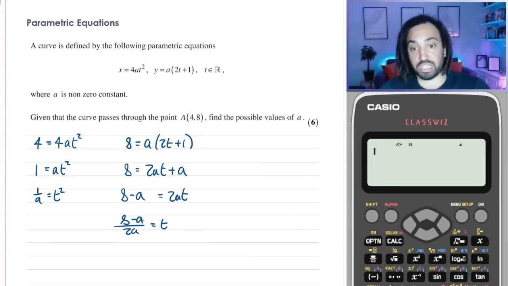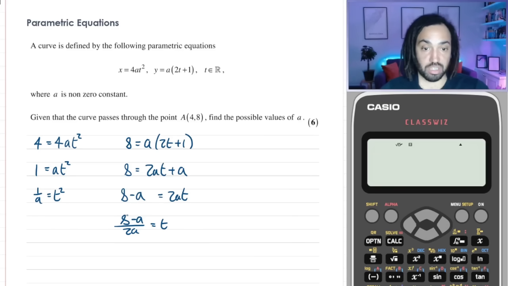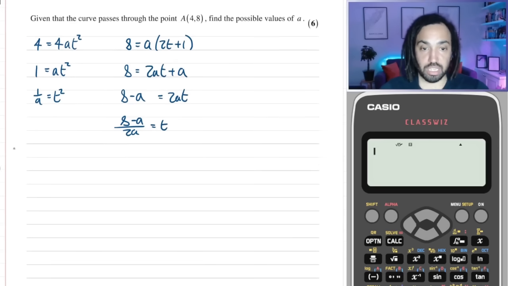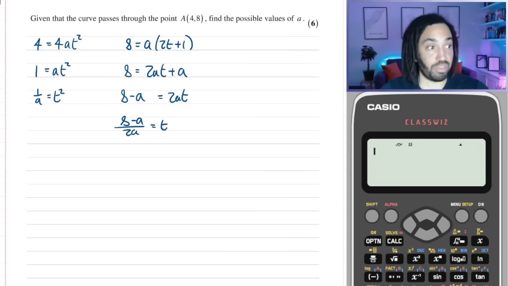Okay, great. So like I said before, these two t's are the same because they represent the point A. So what we can do is equate them. In this instance, just sub that t in over here for this t. So we get 1 over a is equal to t squared.